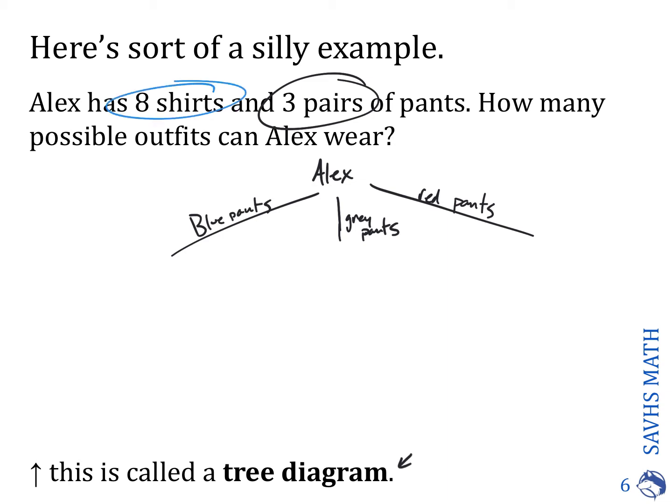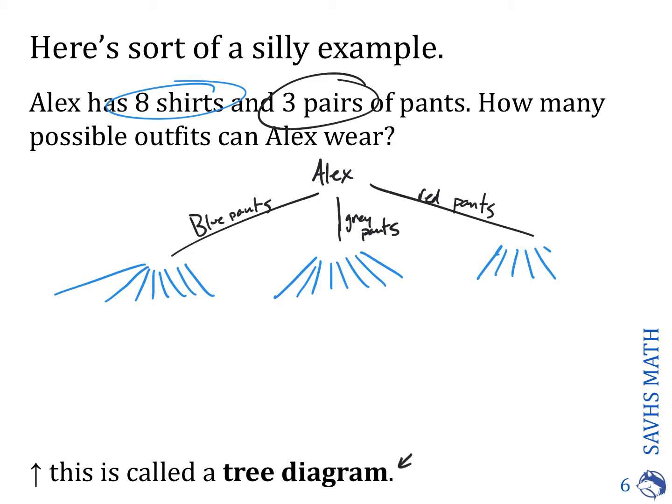So we could say shirt 1, 2, 3, 4, 5, 6, 7, 8. That would be his 8 different options for his blue pants. But for his gray pants, he could wear those same 8 shirts. And then for the red pants, we could do the same thing: 1, 2, 3, 4, 5, 6, 7, and 8.